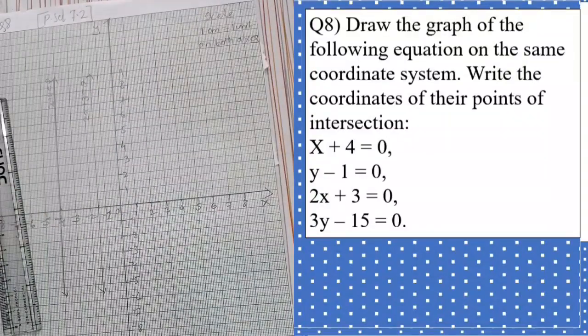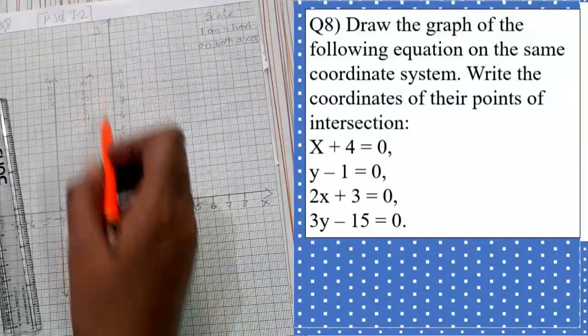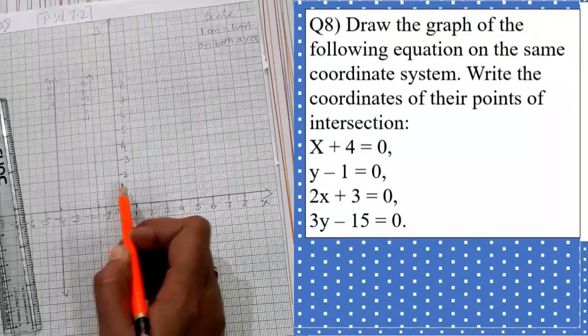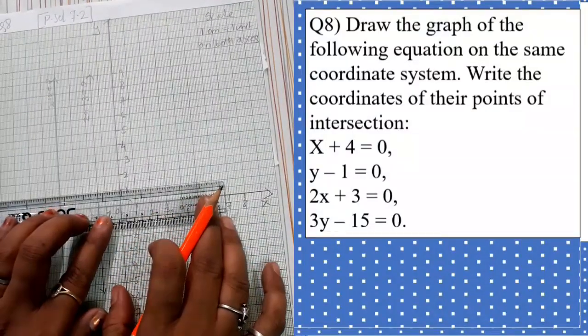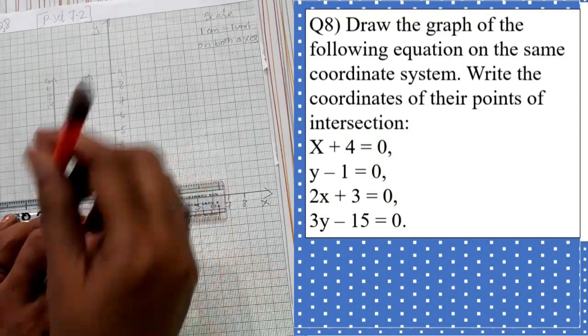Now the next one is given: y minus 1 equal to 0. Minus 1 will go to the right side and become plus 1. So y equal to plus 1. So the y value is equal to plus 1. So y is here, and positive 1 is here. So the y value is given, it will be parallel to the x-axis.